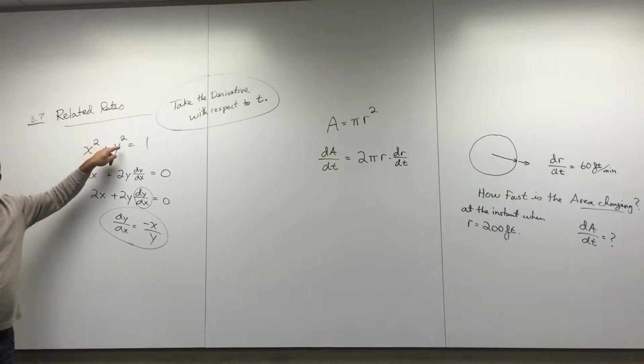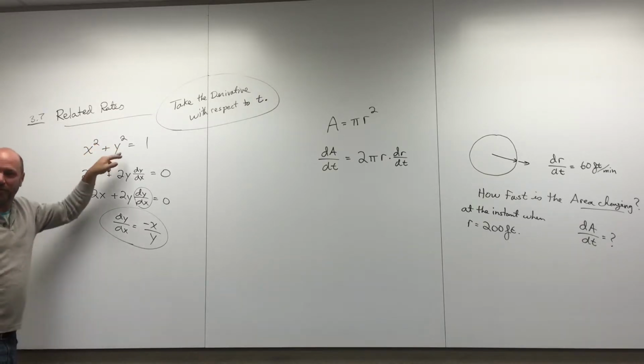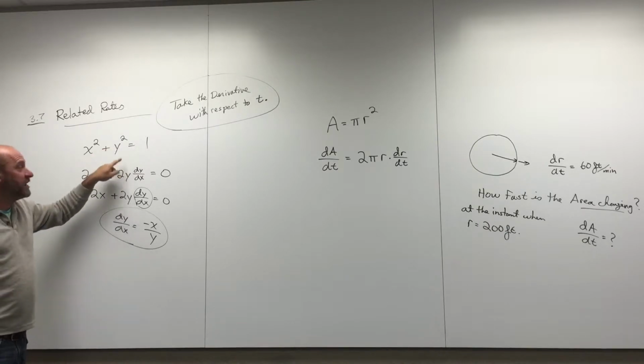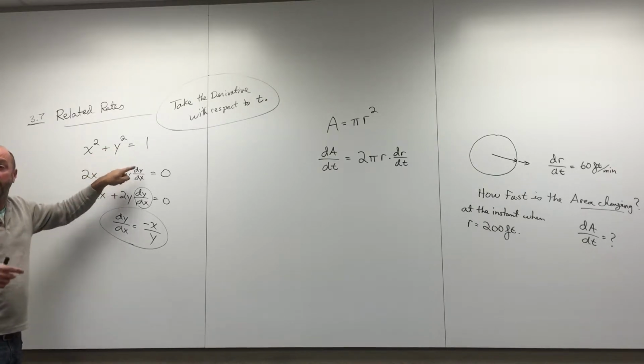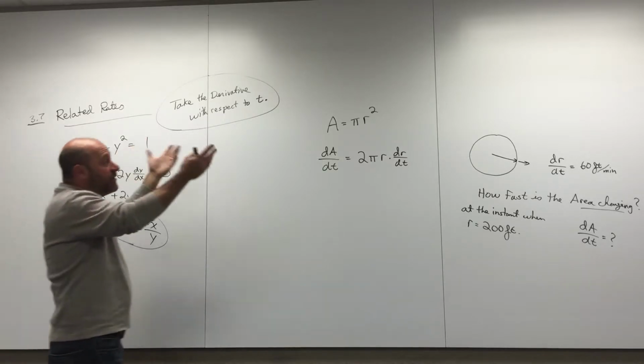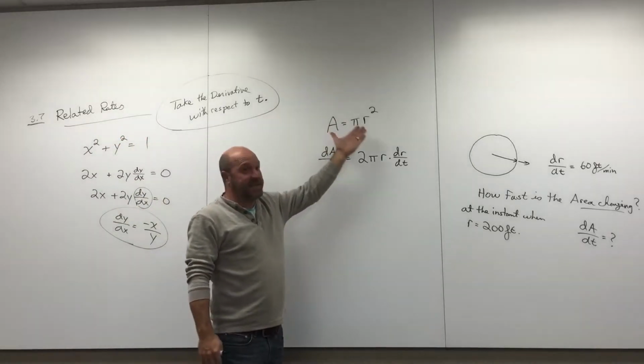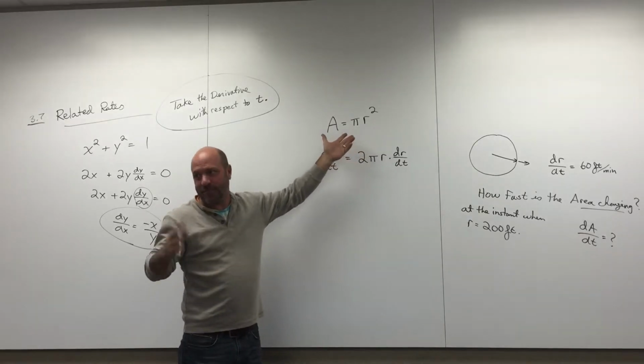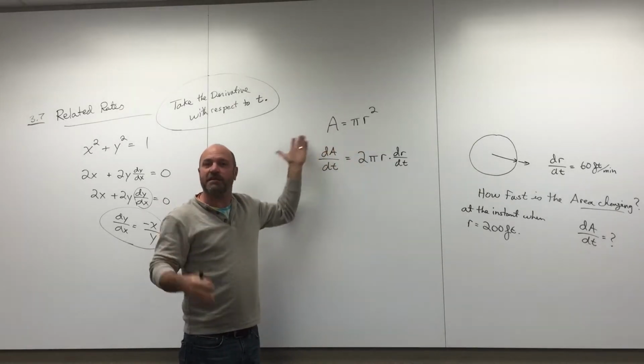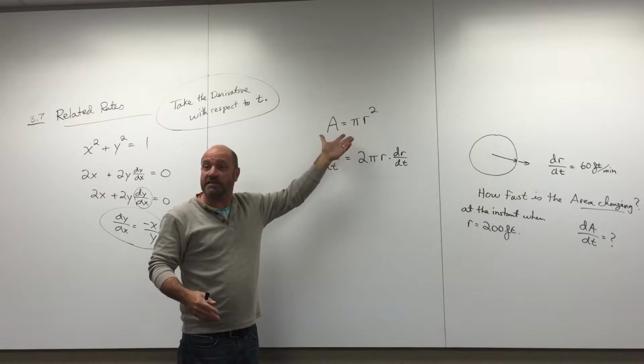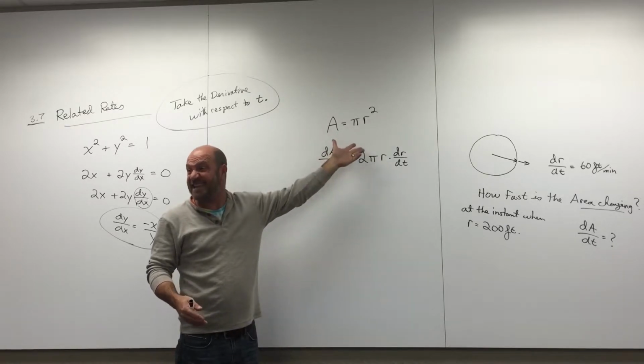When it was a y, it was this abnormal derivative. It was this implicit derivative where we had to tack on the dy/dx. When I do this derivative with respect to t, everybody's an implicit derivative because I'm doing the derivative with respect to t.